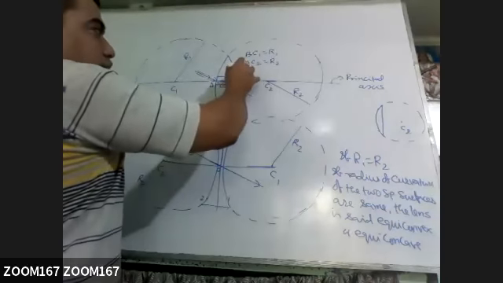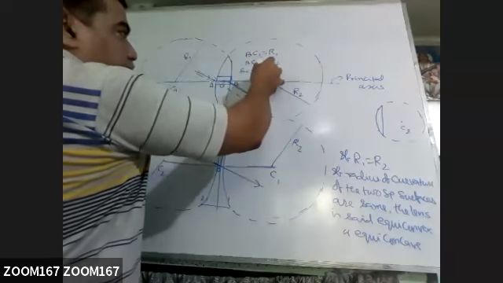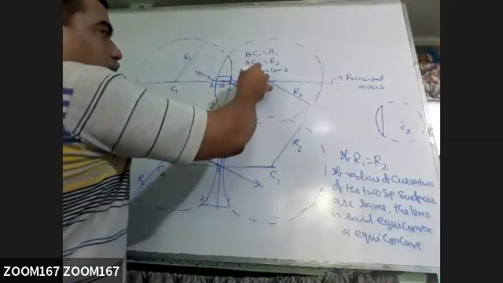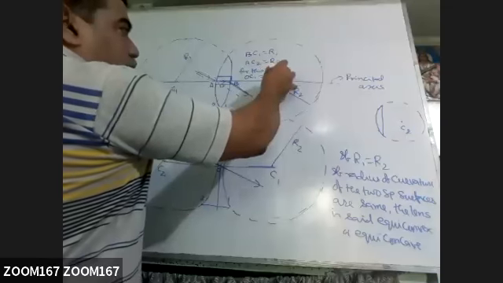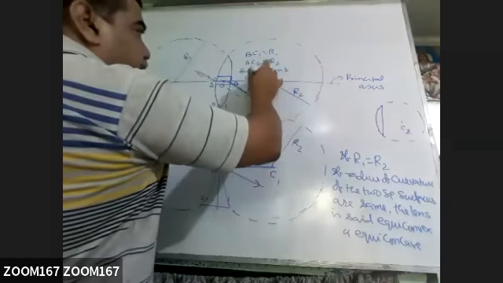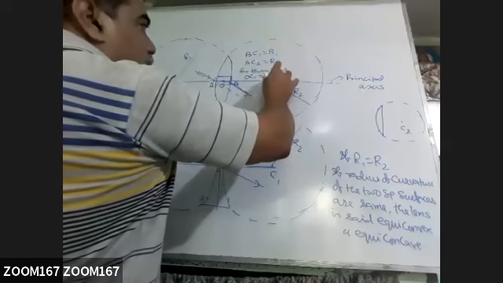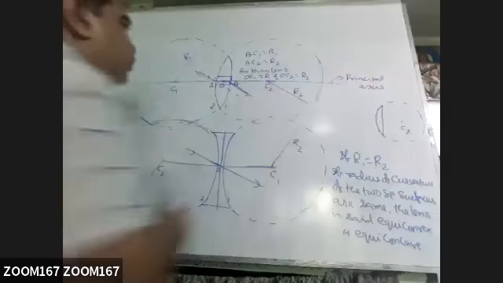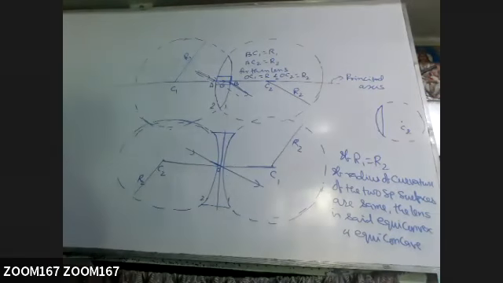But for a thin lens, this OC1 is R1 and OC2 is R2. That is for a thin lens, we say.